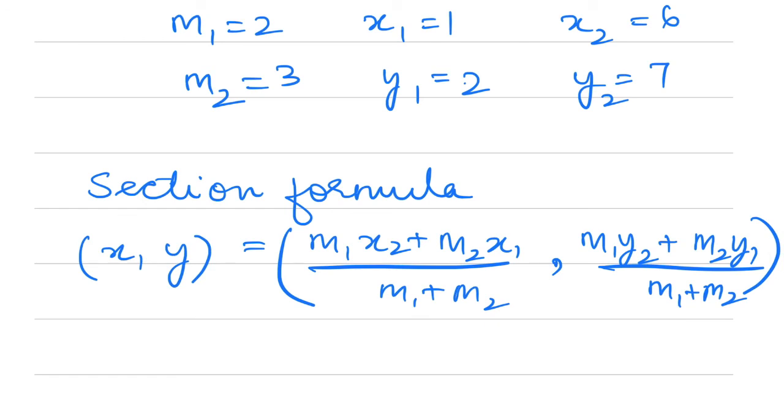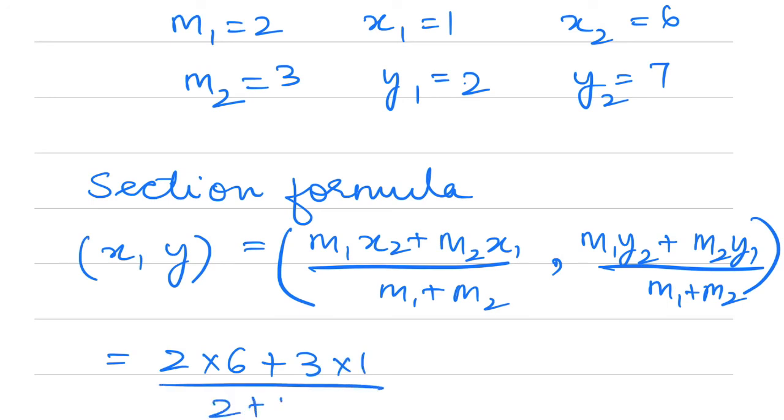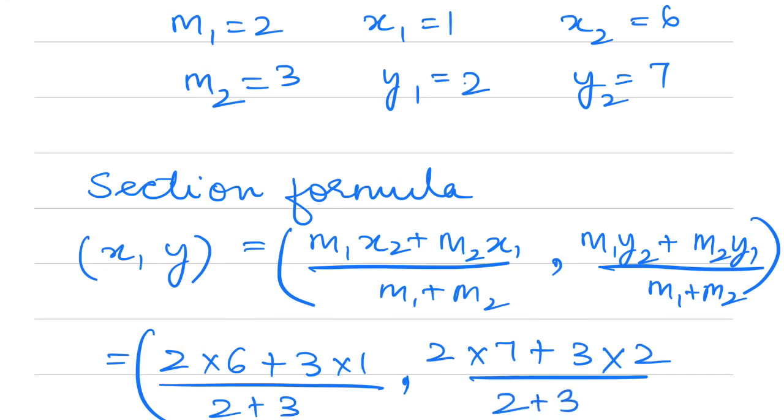Let's substitute the values here. So m1 is equal to 2 and x2 is 6, plus m2 is 3, x1 is 1, by 2 plus 3. For y, m1 is 2, y2 is 7, plus m2 is 3 and y1 is 2, then we have 2 plus 3 here.